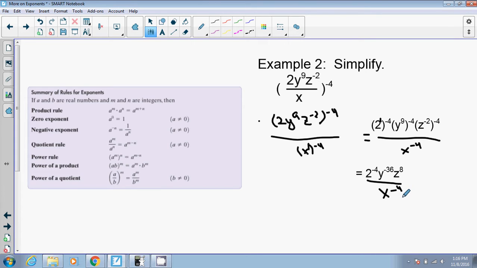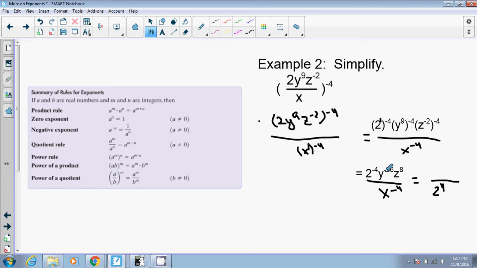Now a few things to point out. Again, we're not allowed to leave exponents as negatives, so we do need to do the negative exponent rule. Since this 2 to the negative 4th is in the top, we will switch it to the bottom. So in the bottom now I have 2 to the 4th. Remember, when you flip it from the top to the bottom, or you reciprocate, you get rid of the negative on the exponent. y to the negative 36, again, we're not allowed to have negative exponents.